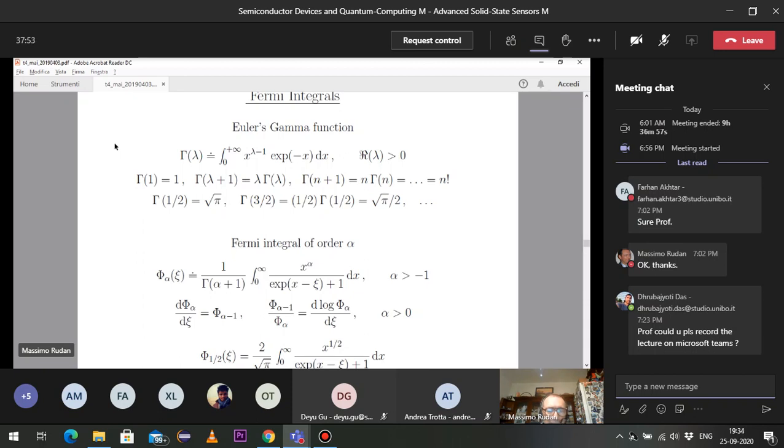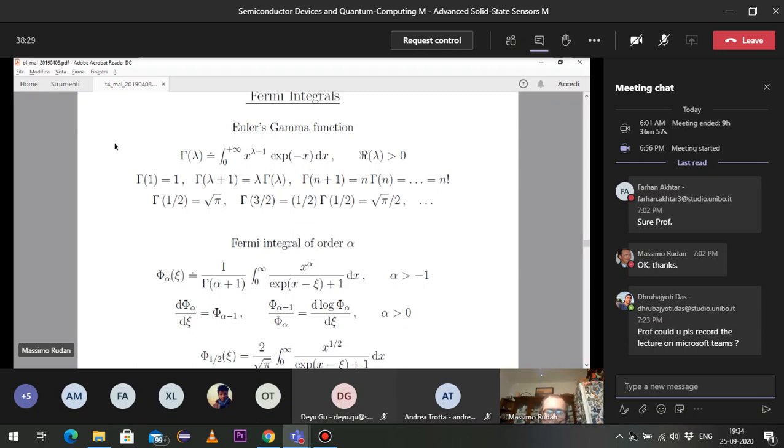If you consider the case lambda equal to 1, you find immediately that gamma of 1 is equal to 1. Then gamma of lambda plus 1 can be calculated by parts, and you obtain that gamma of lambda plus 1 is equal to lambda times gamma of lambda.